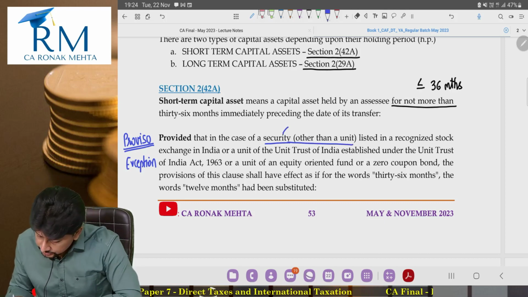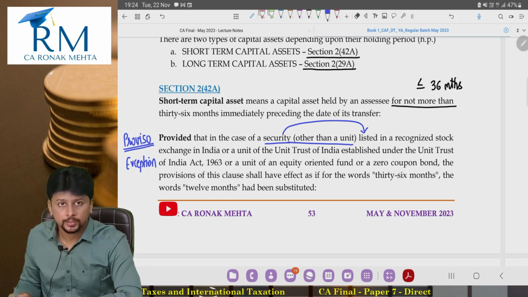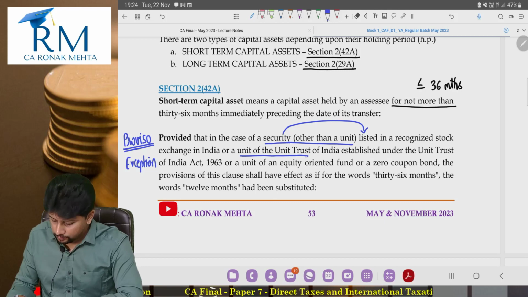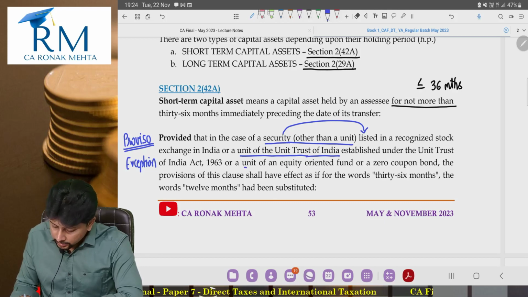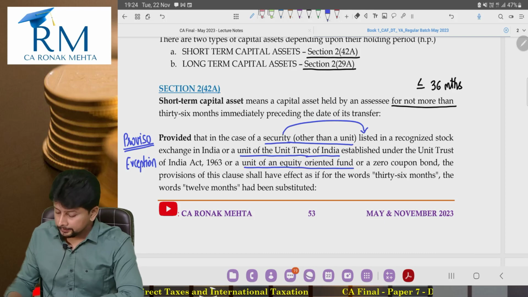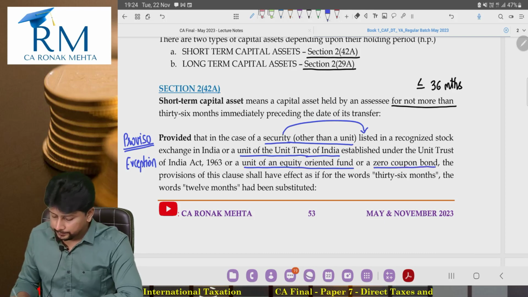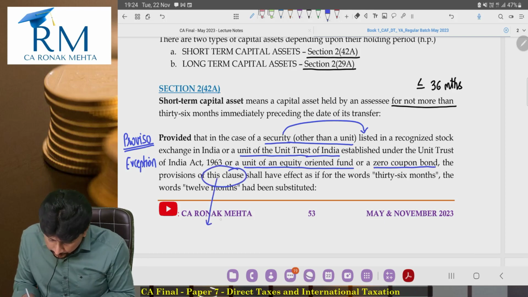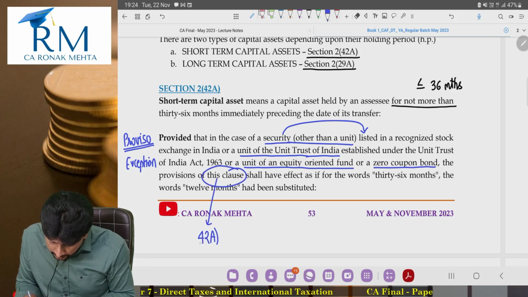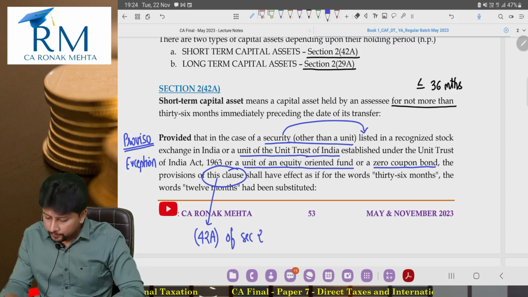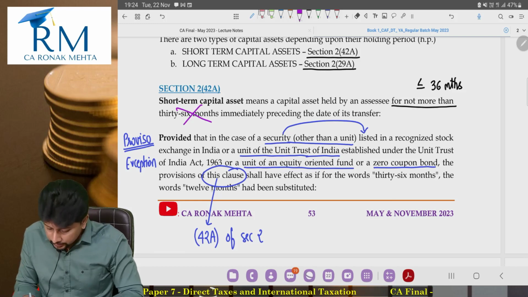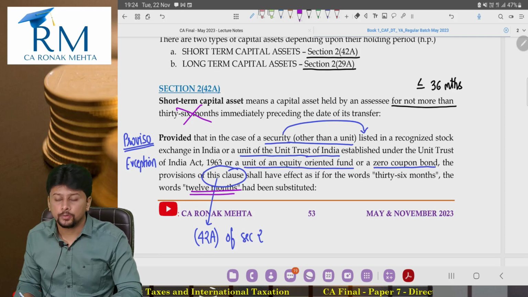A security which is listed on a recognized stock exchange in India, or a unit of Unit Trust of India, or a unit of an equity oriented fund, or a zero coupon bond. The provisions of this clause, meaning clause number 42A of this section number 2, shall have effect as if for the words 36 months, the words 12 months had been substituted.